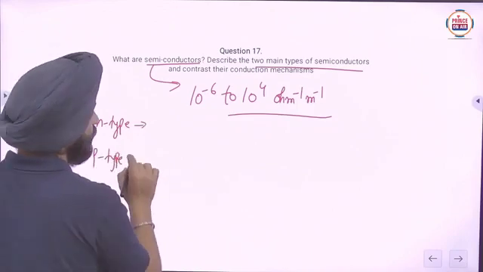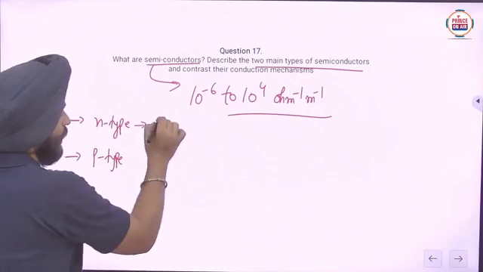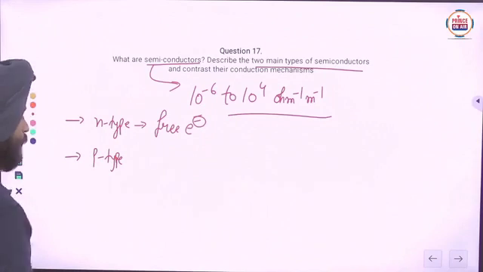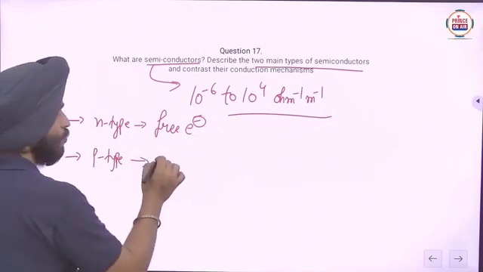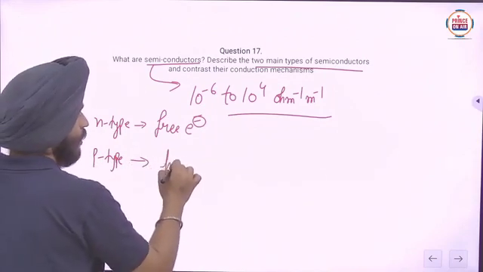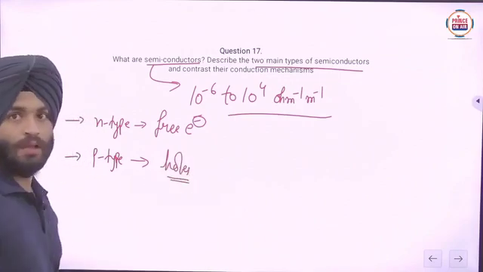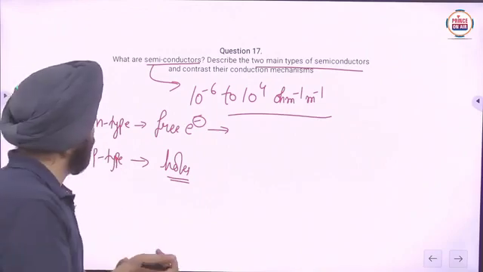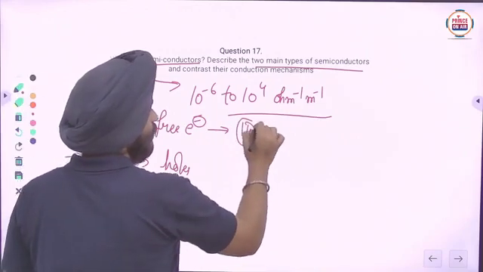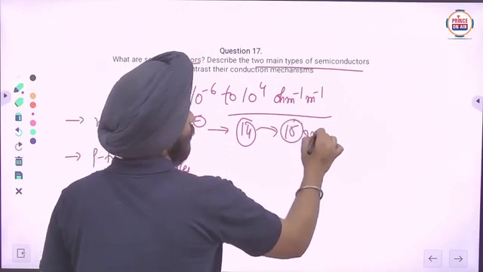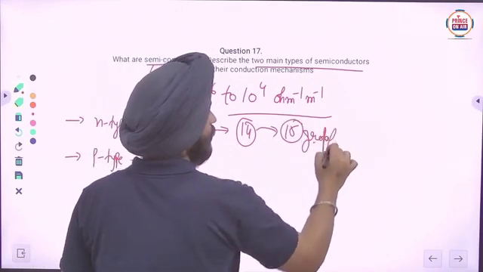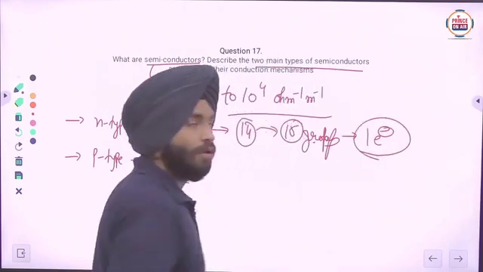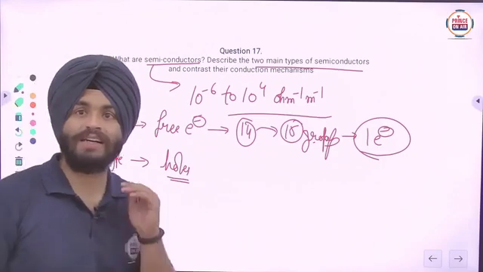In N type the conductivity is due to free electrons, or you can say an excess of electrons, and in P type the conductivity is due to holes. Whenever we dope 14th group elements with 15th group elements, there will be one extra electron, and that will show the conductivity.